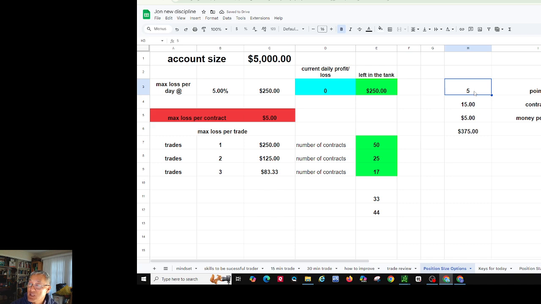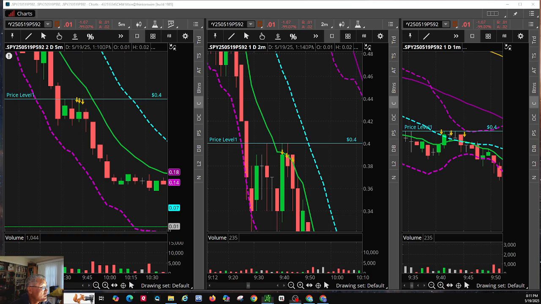So that's how you'd want to initially enter the trade and then add size to it as it starts going in your direction.